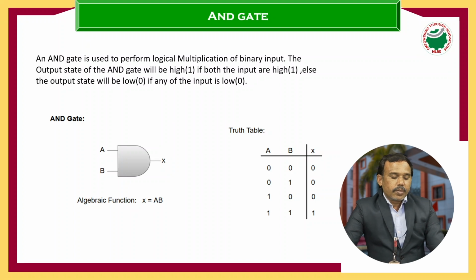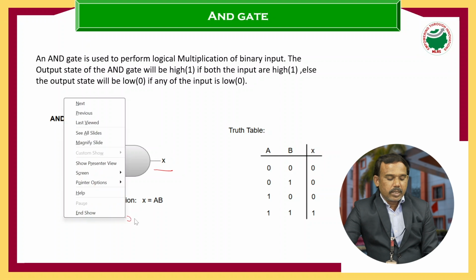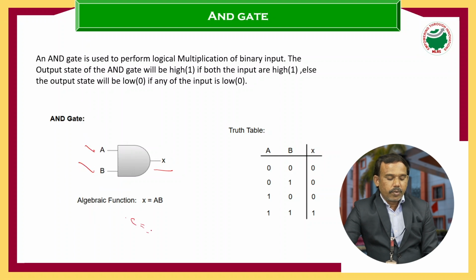An AND gate is used to perform logical manipulation of binary input. The diagram is represented with A input and B input, and the output is X. The Boolean expression or Boolean function is written as X equal to AB.